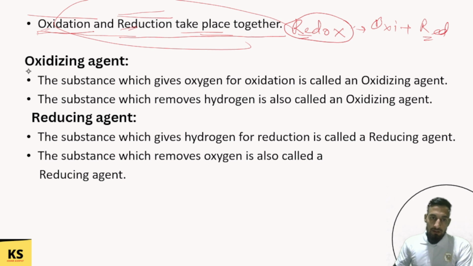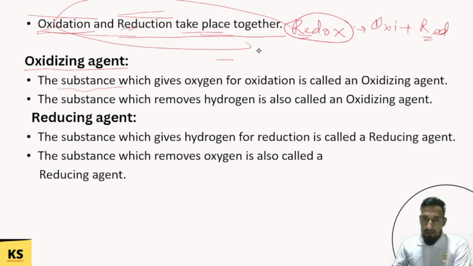Now we have two more terms. First is oxidizing agent. What is an oxidizing agent? The substance which gives oxygen for oxidation.